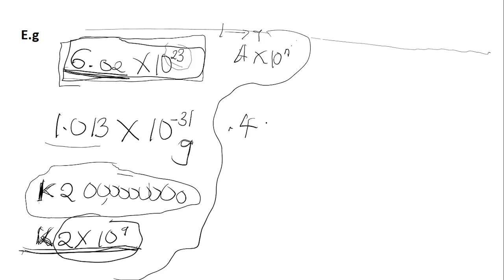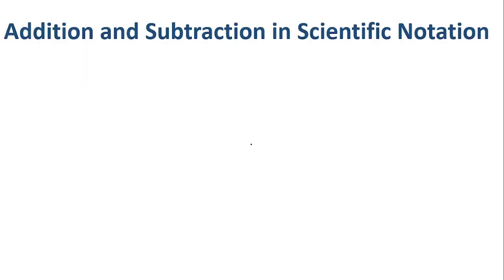So this brings us to our next subtopic, which is addition and subtraction of numbers in standard form, or addition and subtraction in scientific notation. What they mean here is, how can you add and subtract numbers written in scientific form without taking them back to normal, ordinary, or village kind of way?